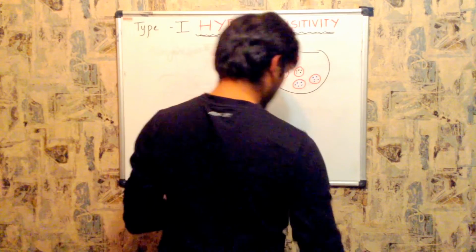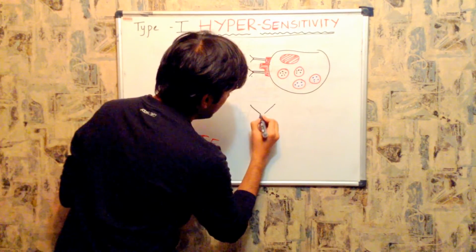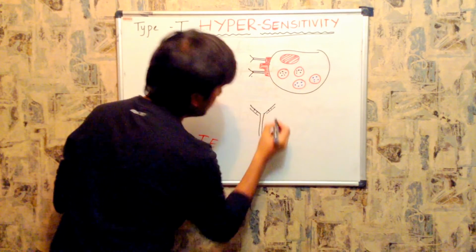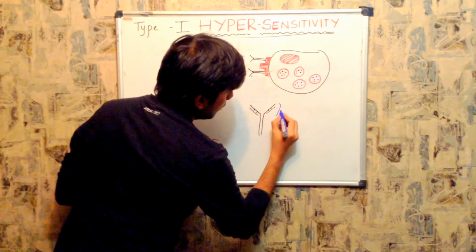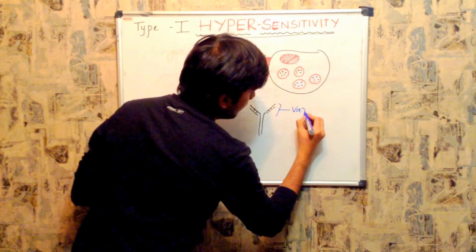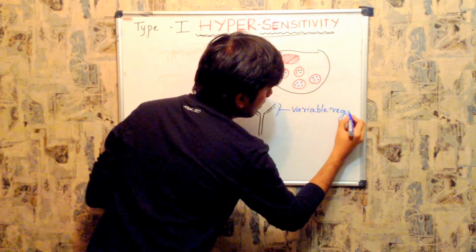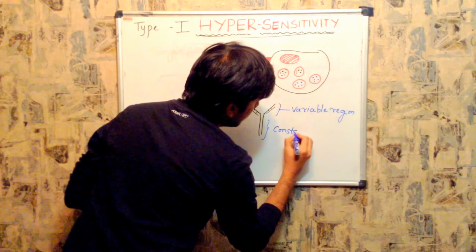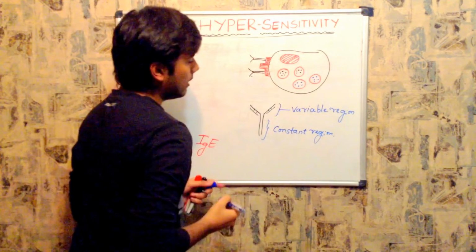When you take this as your antibody, this part becomes the variable region of your antibody, and this part is called the constant region of your antibody.